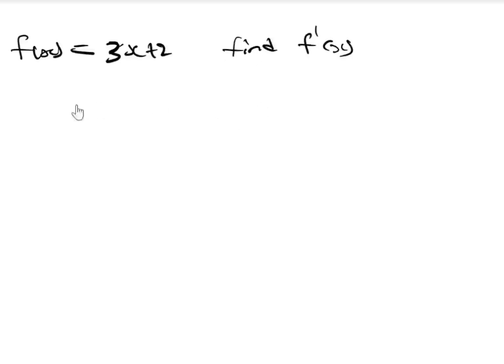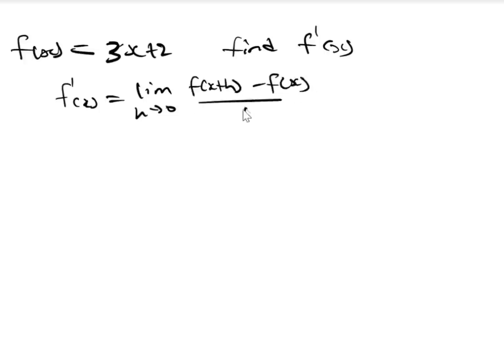Assuming we are given that f of x is equal to 3x plus 2, and we are asked to find the first derivative of f of x. Then we already know that our formula is f prime of x equal to the limit as h approaches 0 of f of x plus h minus f of x, divided by h.